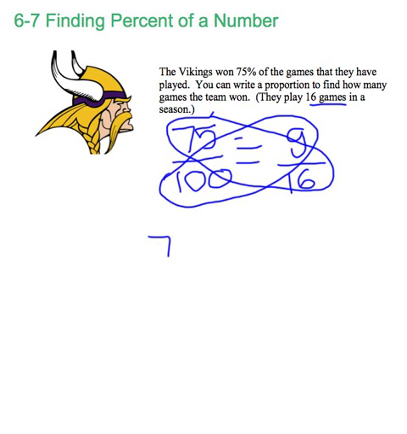So we can write that down. 75 times 16 is equal to 100 times G. So we simplify this. We've got 75 times 16, and if we simplify that down, 75 times 16, that is 1,200.